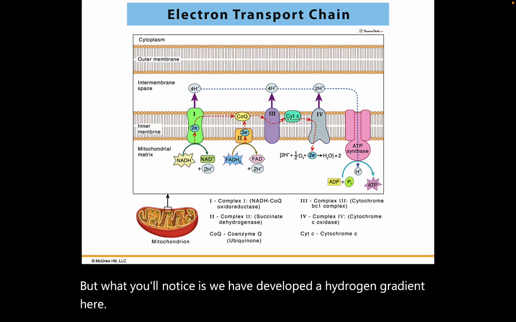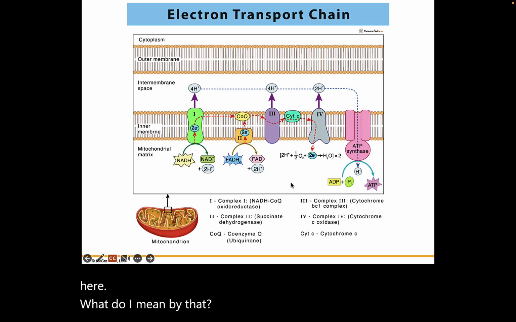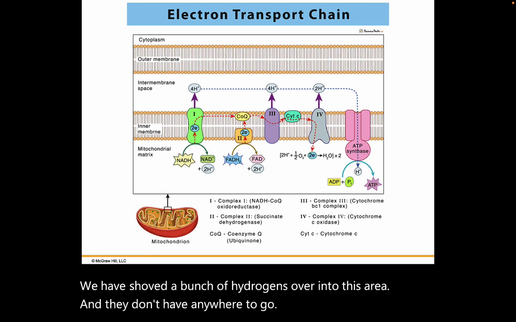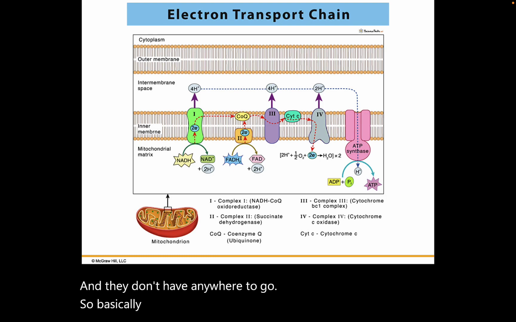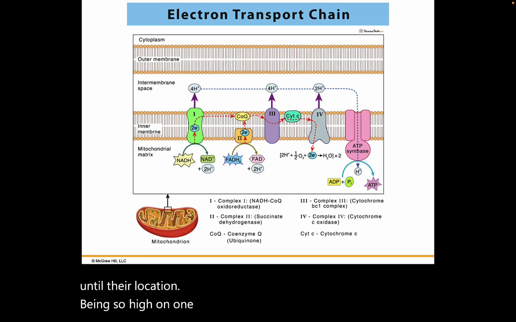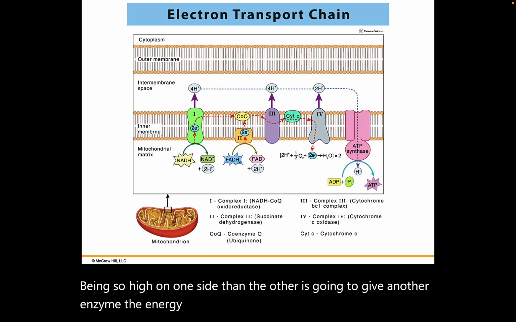What do I mean by that? We have shoved a bunch of hydrogens over into this area, and they don't have anywhere to go. So basically, they're going to keep pushing and moving over there until their concentration, being so high on one side than the other, is going to give another enzyme the energy to make ATP.